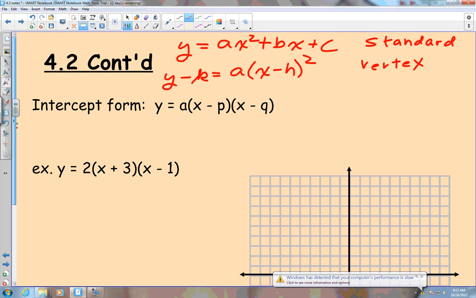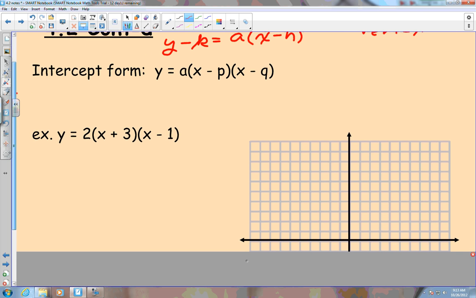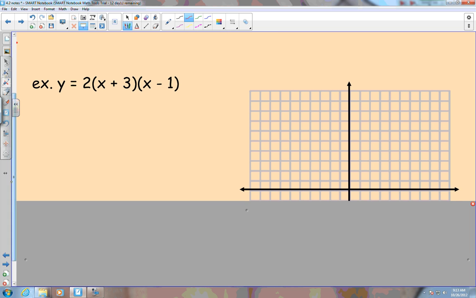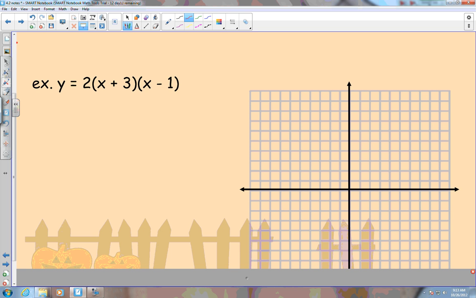Okay, so standard form, vertex form, or working form, and then now we're going to do intercept form. Now let's look at this example. This one is in intercept form.